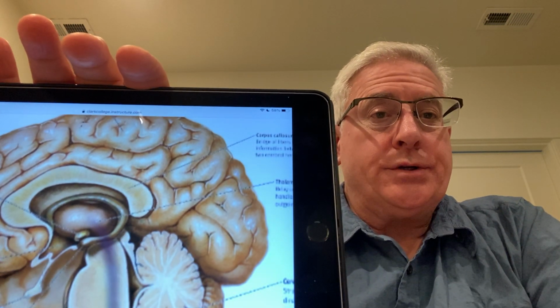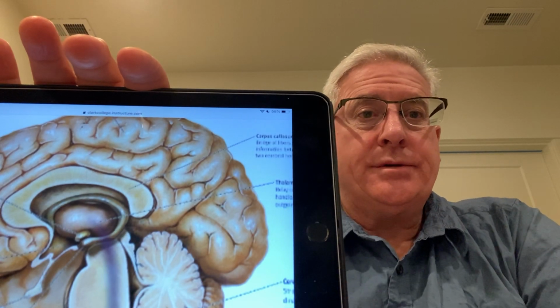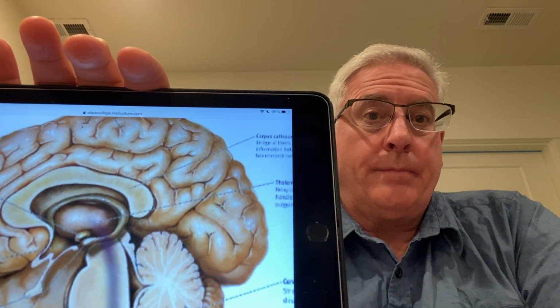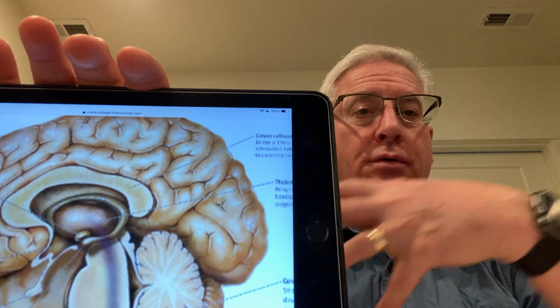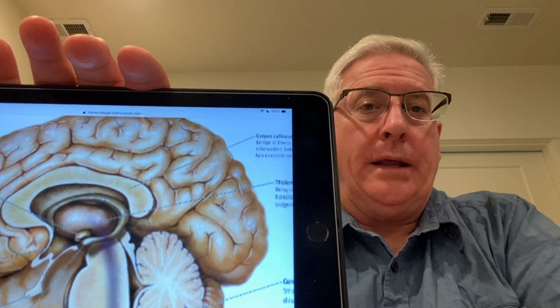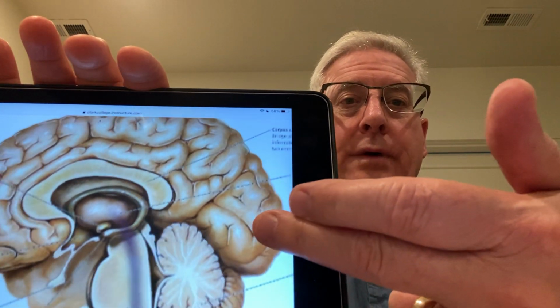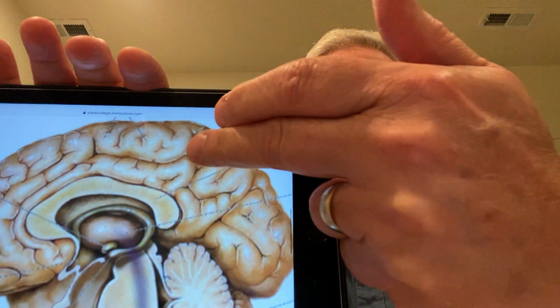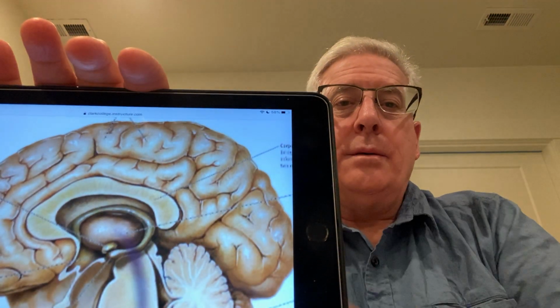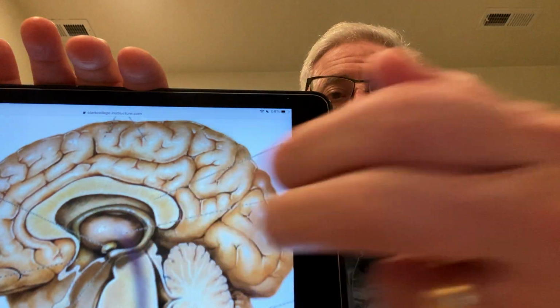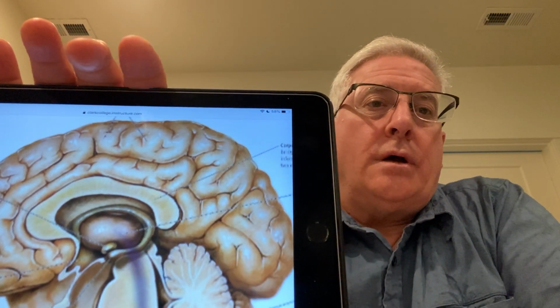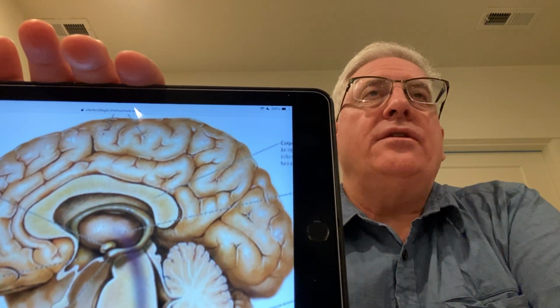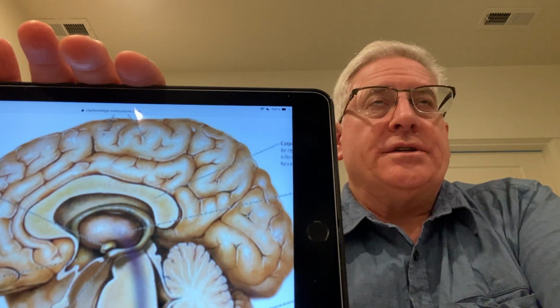When a stroke occurs, it inhibits some function of the system. Usually they're more to the periphery or to the outside of the brain, which would be further out here in the cerebral cortex. But when they're more central, they affect a greater extent of functioning processes.